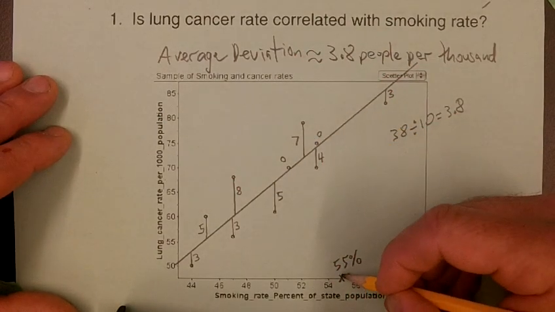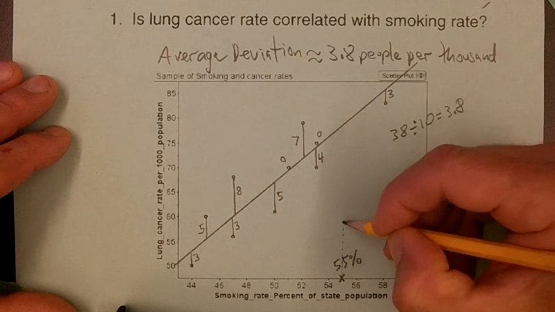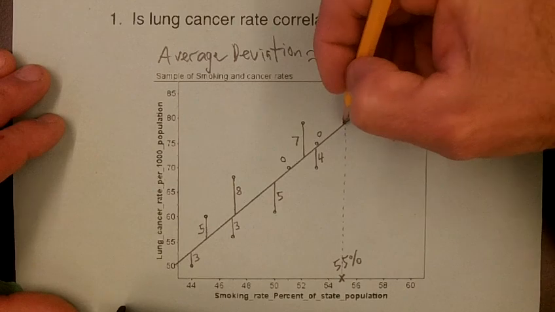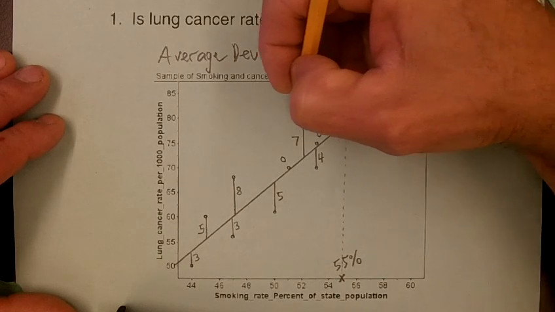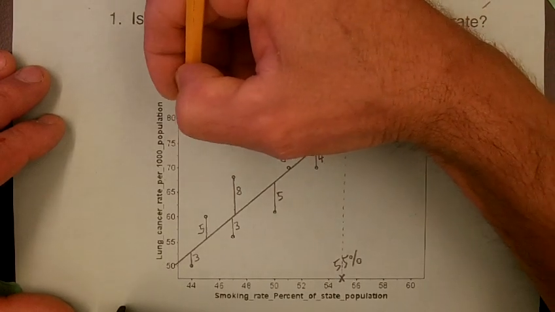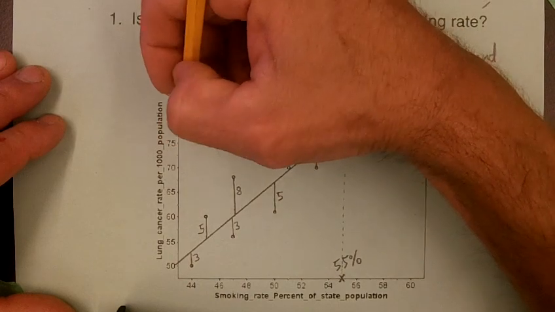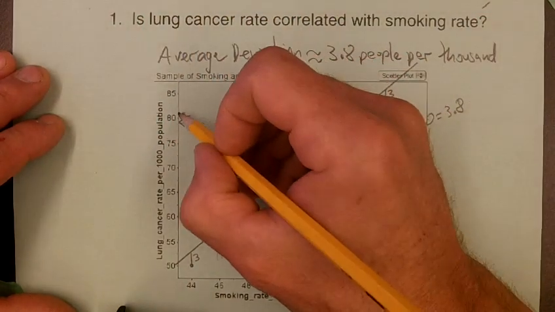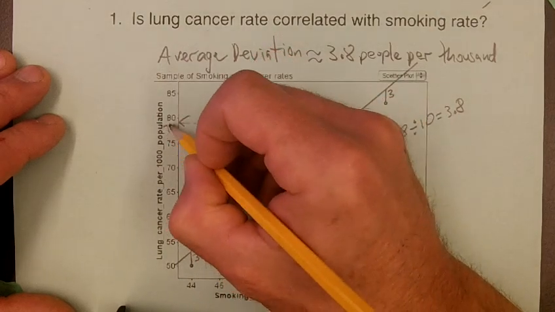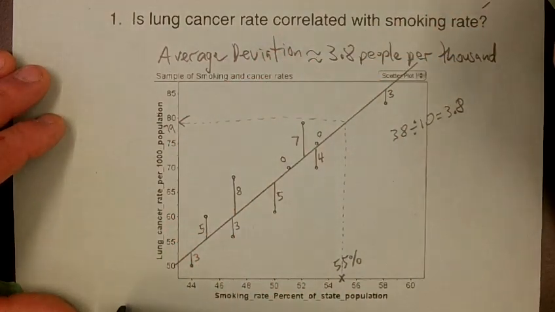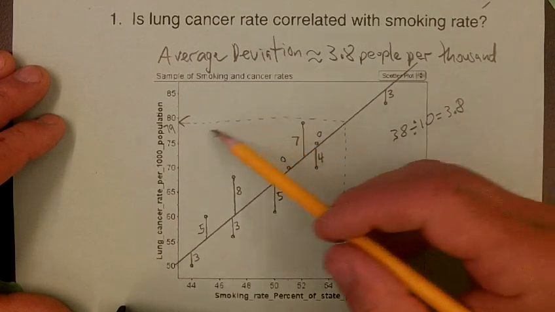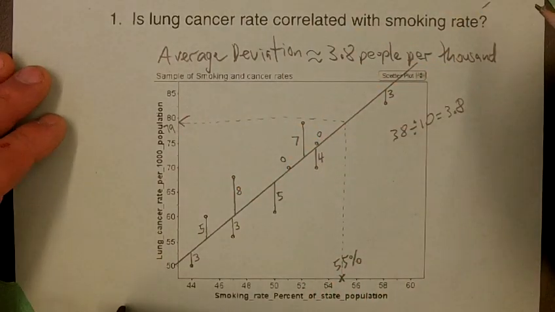The way we do it is to go from 55% up to the model, and then over to the y-axis to see what the prediction would be. And that looks like about 79 people per thousand. The model predicts it for a smoking rate of 55%. You get a lung cancer rate of about 79 people out of every 1,000 who get lung cancer.